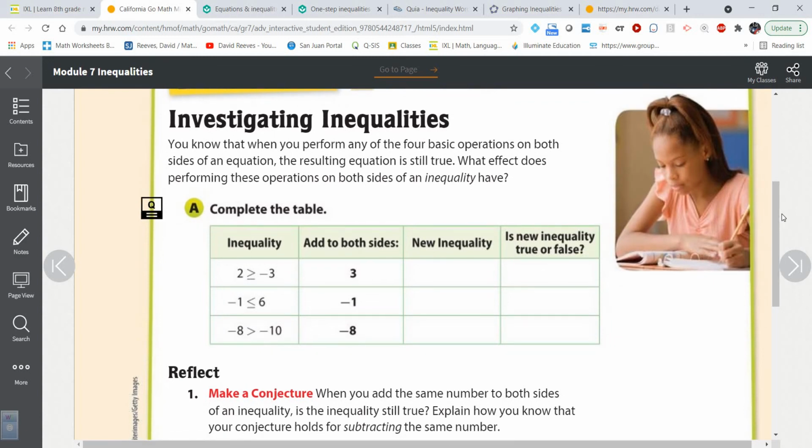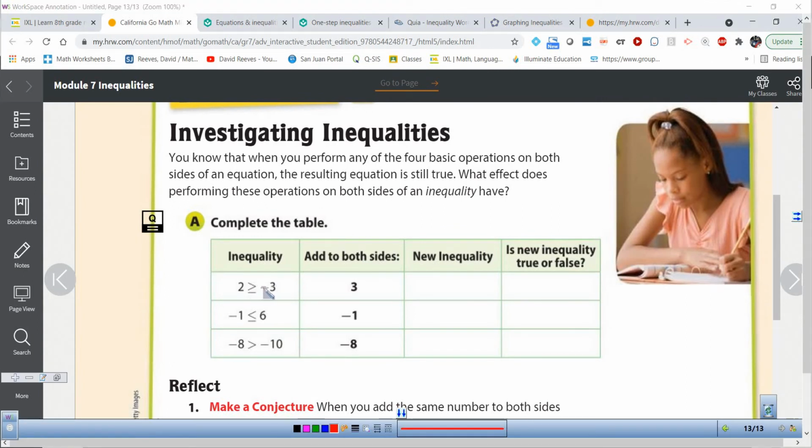Now, if you remember, when we solved equations, we used inverse operations, and whatever we did, we did to both sides, okay? So if we take a look here, we've got 2 is greater than or equal to -3. Do you agree that that is a true statement? I hope you do. Now it says to add 3 to both sides. All right, so what am I going to have?